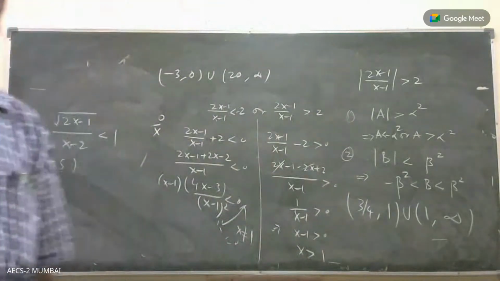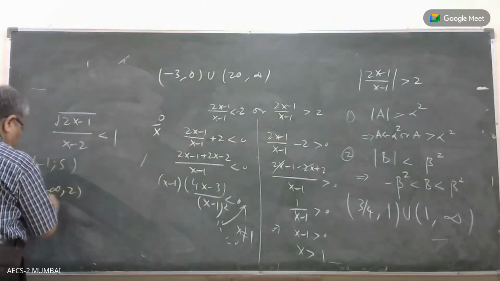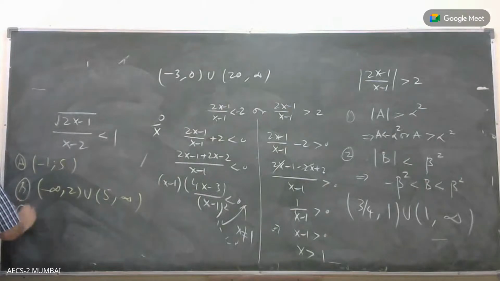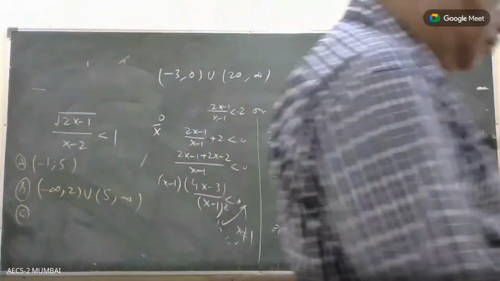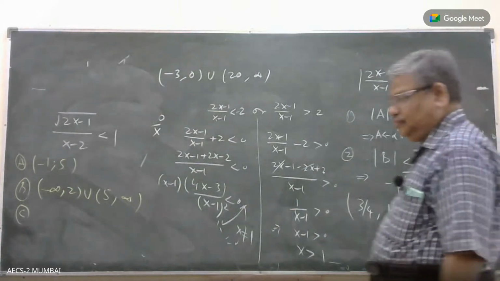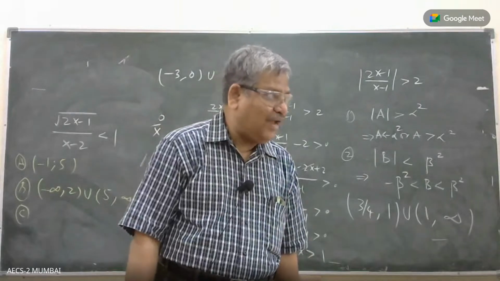Minus infinity to 2 and union 5 to... The correct answer is yet to come. 2 to 5.